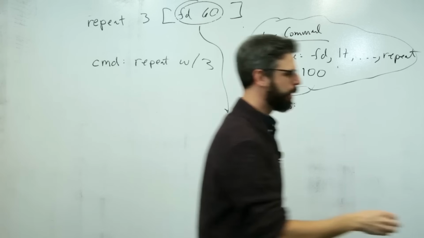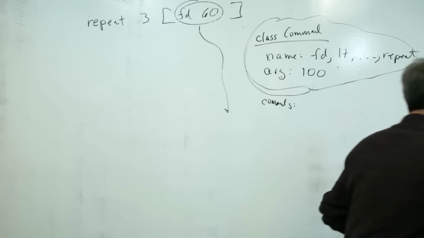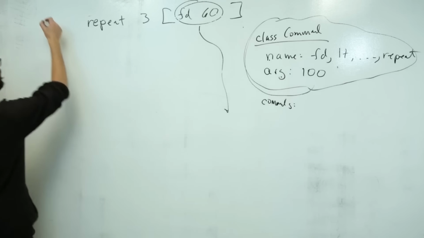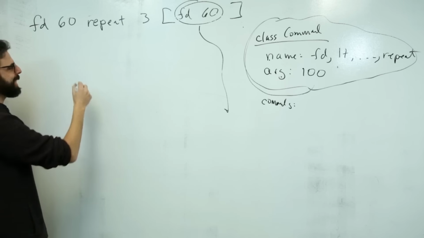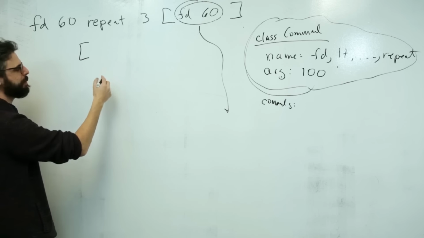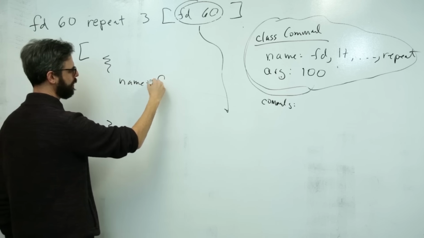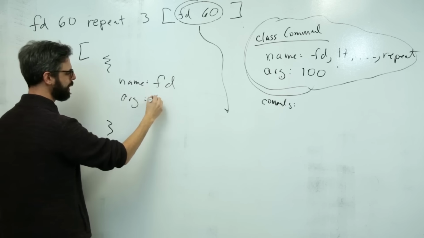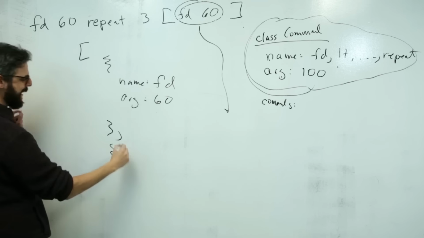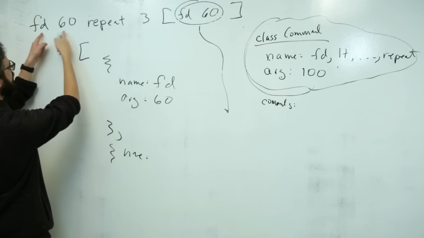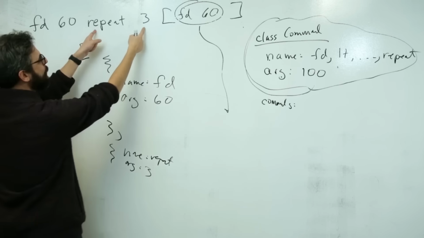So I really should put this in a JSON-like way. So the idea here, and let's add some other stuff. The way that it should work, imagine if this had forward 60 here. I would have an array with commands, and the first command would have name, forward, argument 60. Then the next command would have name, repeat, argument 3, but notice it's a repeat.